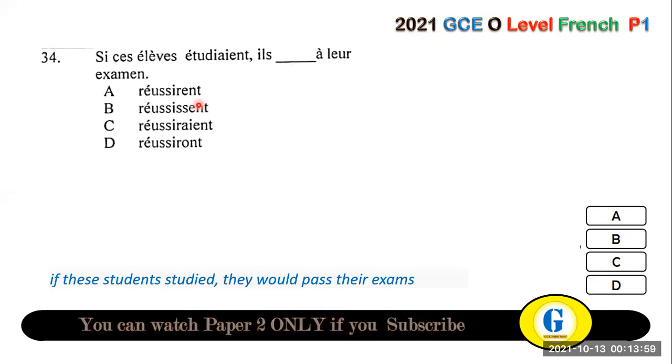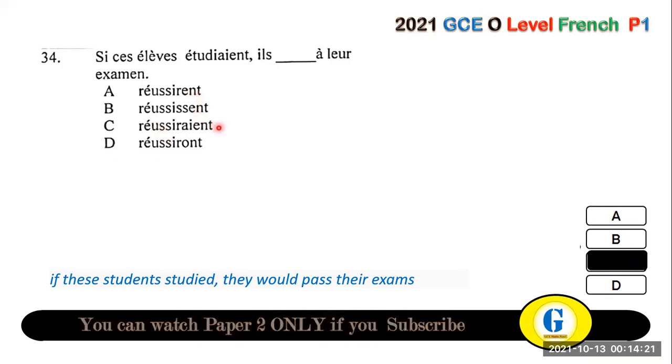34. Si ces élèves étudiaient, ils blah blah blah à leur examen. So if the students were studying, they dash their exams. So if they're studying, ils réussiraient à leur examen. So they would have passed their exams.